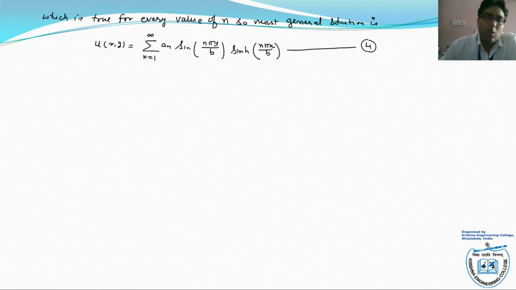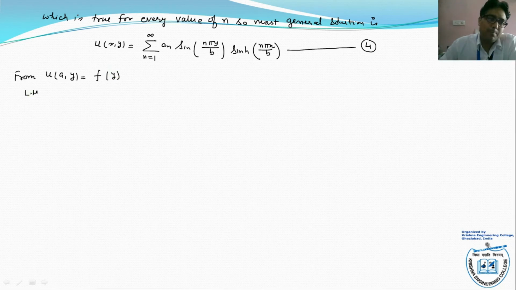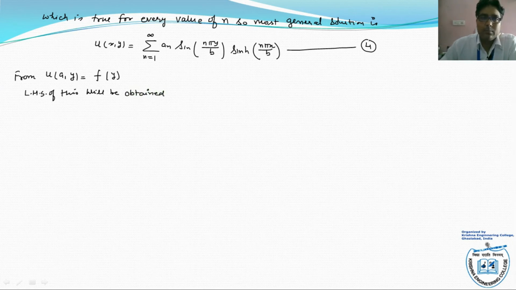Clear? Now again using the last boundary condition, from the condition u(a, y) is equal to f(y). Clear? The LHS of this will be obtained from equation 4 when x is equal to a.